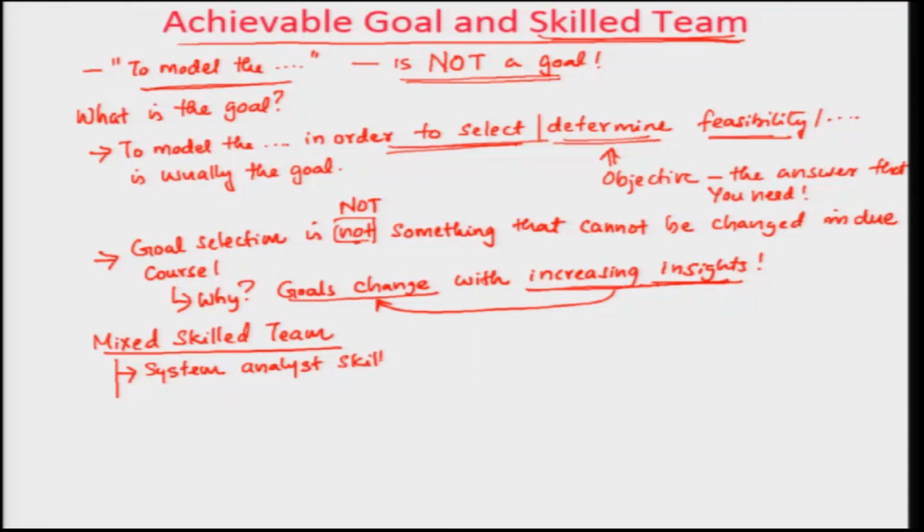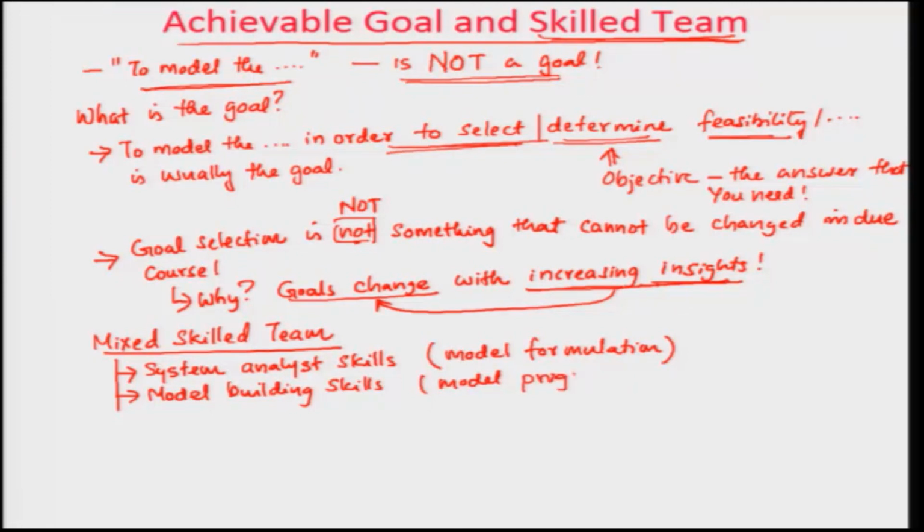You need to analyze the system, which is also sometimes called model formulation, the conceptual modeling. Then you also require model building skills. This is also called model programming, translating into a computer program.